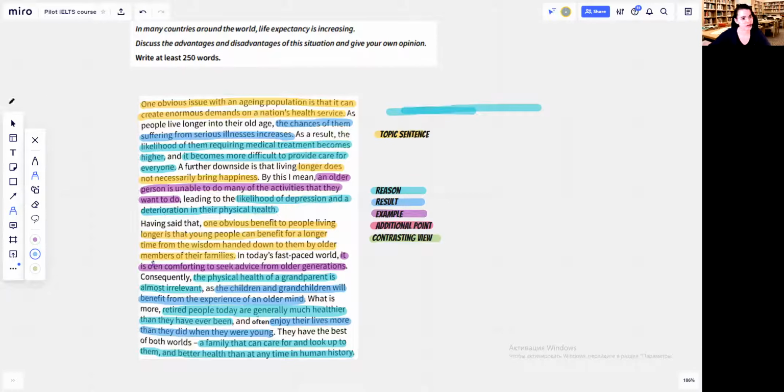Why did I mark it as a reason? It is, of course, a result of them not being able to do a lot of the things they used to be able to do.